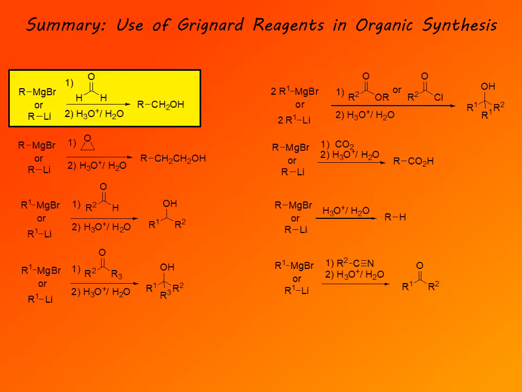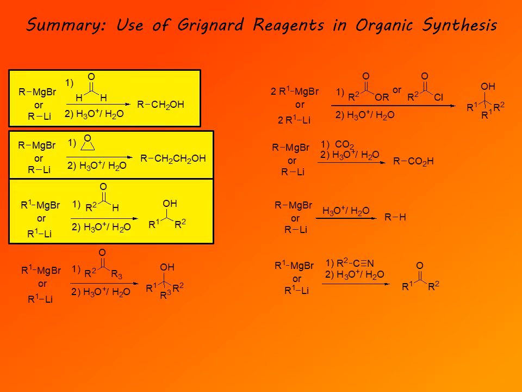Reaction of a Grignard reagent or organolithium reagent with formaldehyde upon workup gives a primary alcohol, and that alcohol has one more carbon atom compared to the starting organometallic reagent. Reaction of a Grignard reagent or organolithium reagent with an epoxide also gives a primary alcohol, but this primary alcohol has two more carbon atoms compared to the starting organometallic reagent.